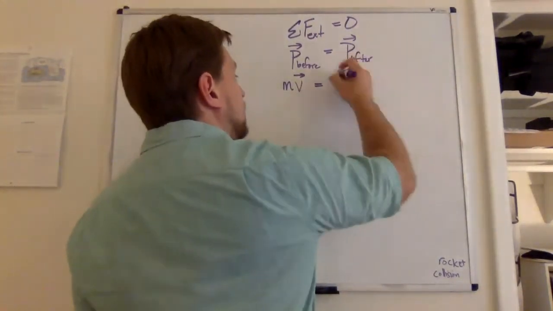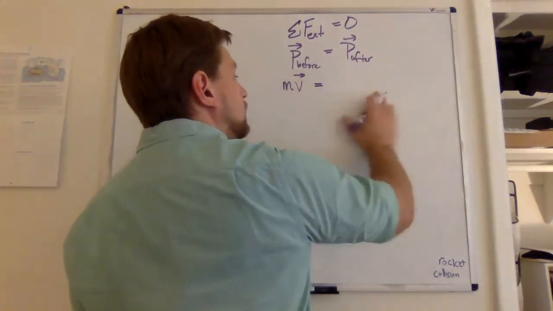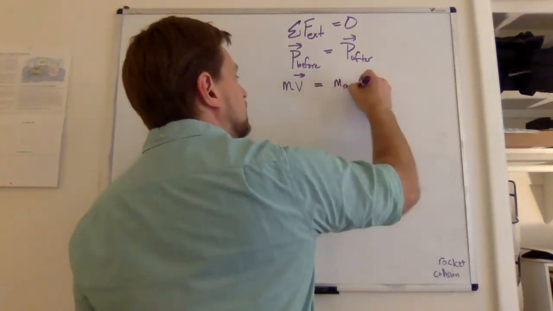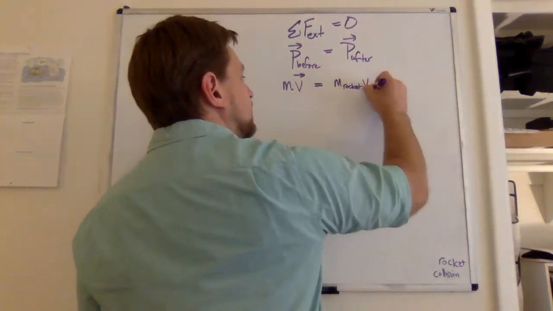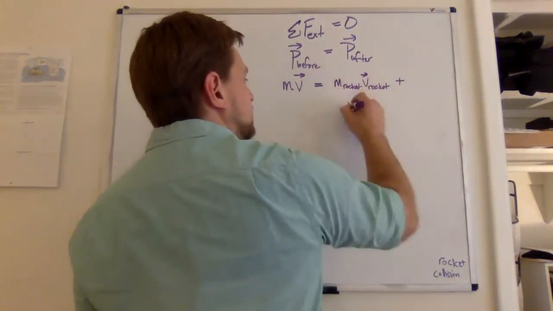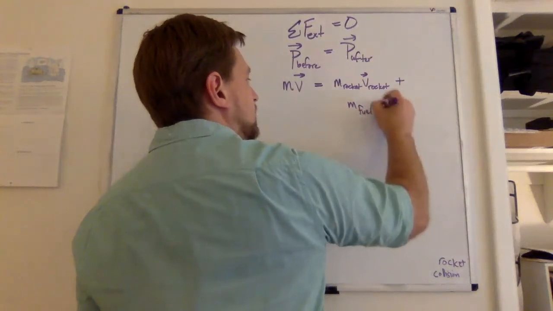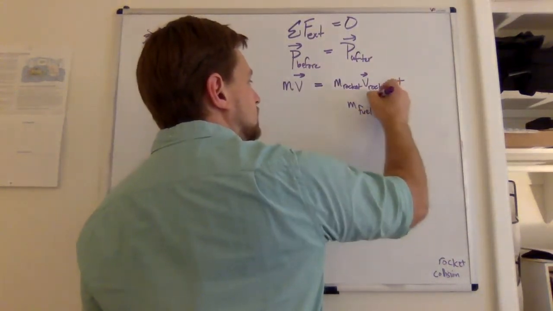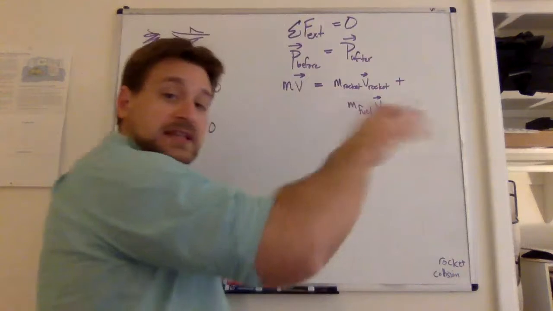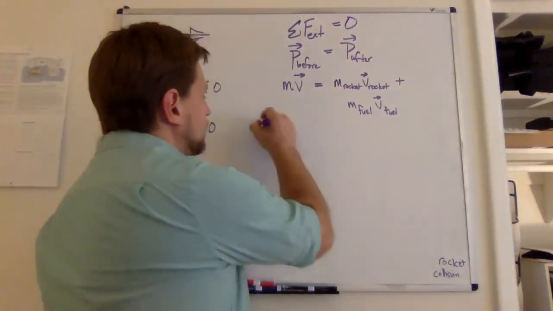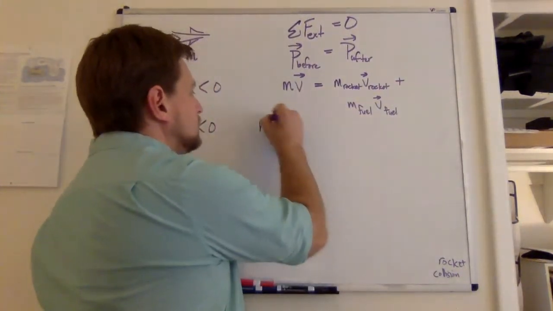The mass of the rocket, and I'm going to go pretty slow here, the mass of the rocket and the new velocity of the rocket, plus the mass of the fuel and the new velocity of the fuel, the spent fuel, the exhausted fuel. mv equals.